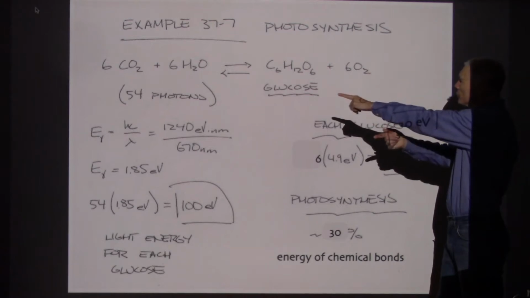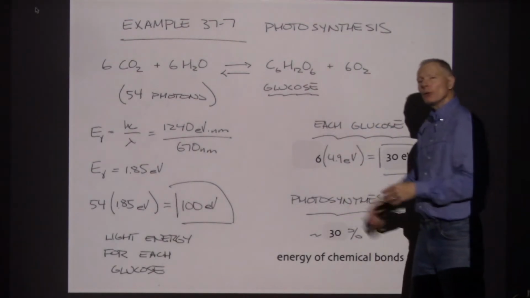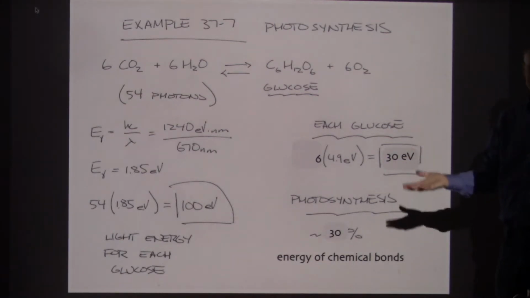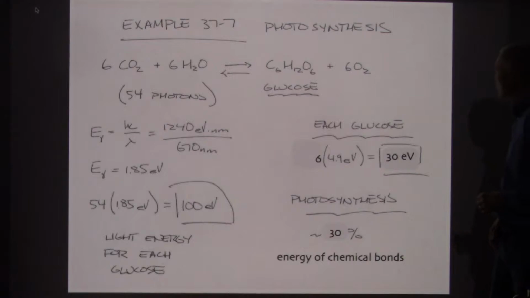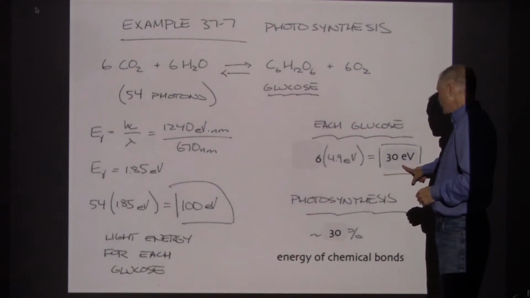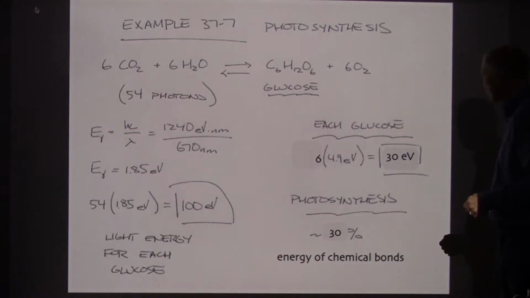When we reverse this reaction and bring in oxygen, if we just take glucose and oxidize it in a lab or something, we catch the glucose on fire, that releases about 30 eV. So photosynthesis then is about 30% efficient.